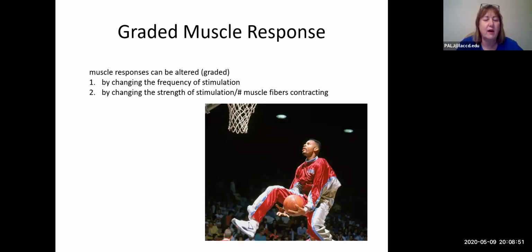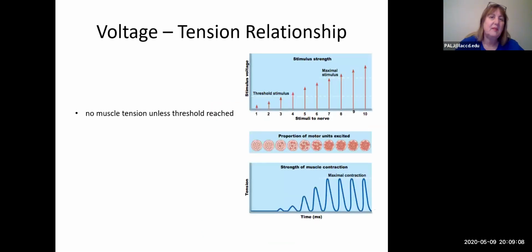So let me show you how these work. In all of these, it's very important you pay attention as you go along to see what the muscle contraction looks like. Is it starting at threshold, going fully, coming back down to threshold, or what's happening? So what we have to look at first is the relationship between the voltage and the tension that's generated.